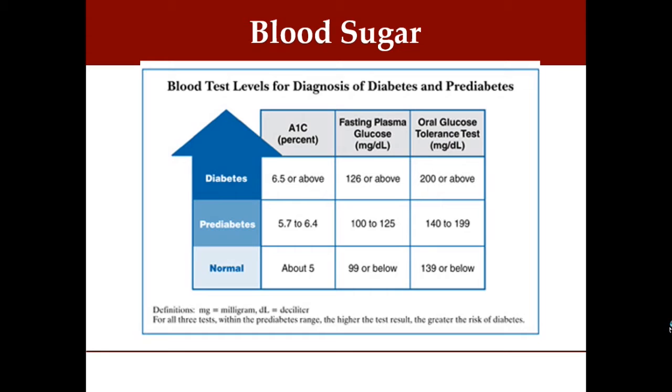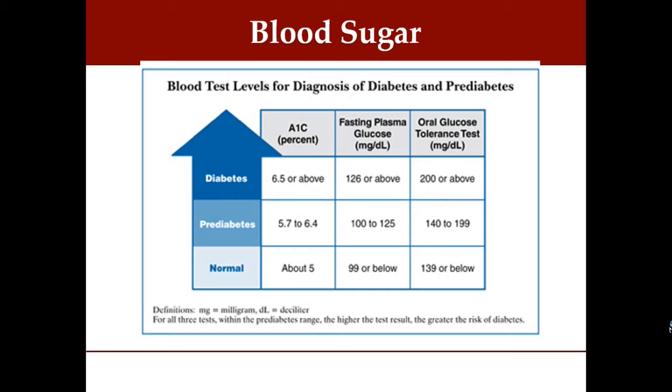A hemoglobin A1C of 6.5 or higher is considered diagnostic for diabetes. You may be considered at risk or pre-diabetic if your number is between 5.7 and 6.4. And normal is around 5 or less than 5. The second column talks about fasting glucose, or just a glucose level.